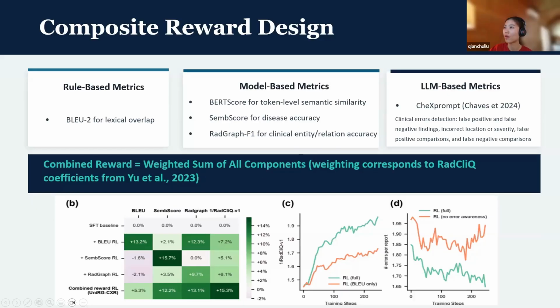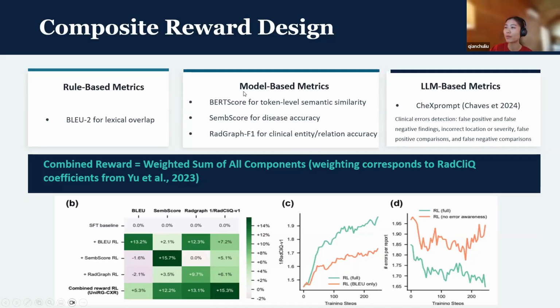Okay, let me, yes. So basically, we have categorized all of the metrics roughly into rule-based metrics, model-based metrics, and LLM-based metrics. For the rule-based metrics, I tried BLEU, as we just discussed, it's not super important in the final weighting, so it would just be assigned a 0.